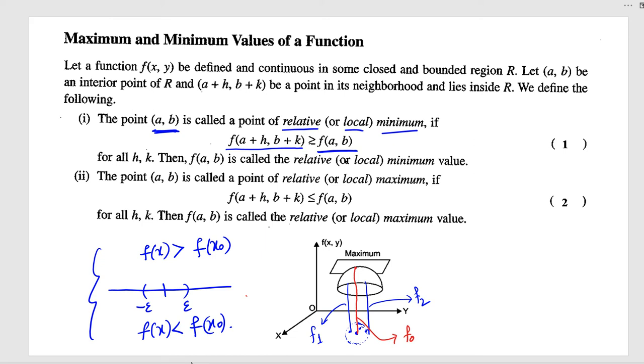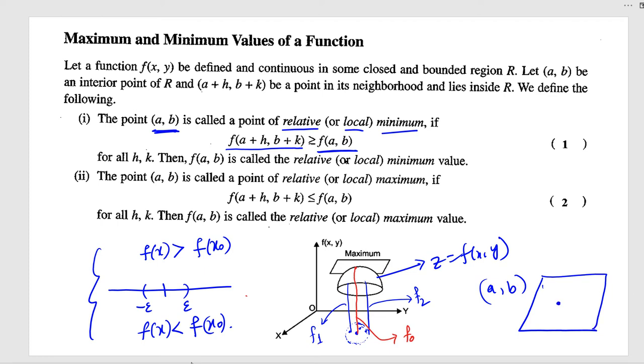But what will happen if we have a two variable case? For example, this is a two variable case. This function is z equals f(x, y), so this is the surface. Here the point is of the form (a, b). Whenever we have a point on the plane, we can approach it by an infinite number of paths.